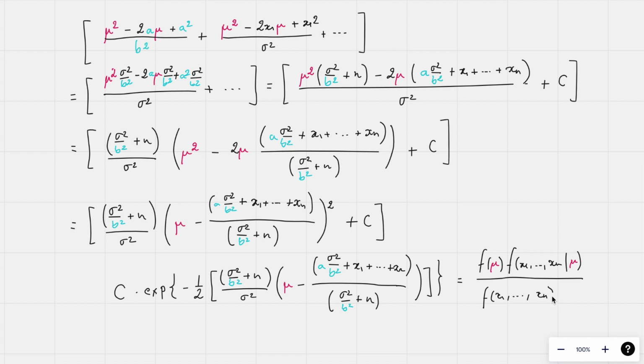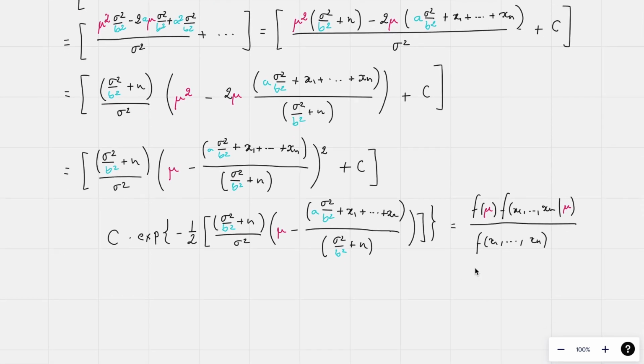And so that here is also equal to the density of probability, the posterior density of mu given the xi.